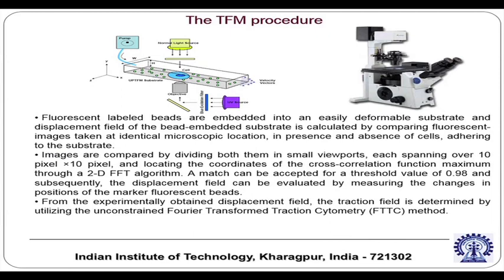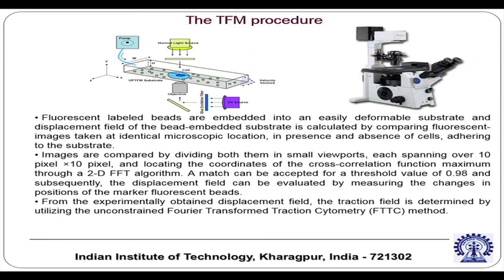So fluorescent beads are embedded into an easily deformable substrate, and it is easier said than done because the substrate has to be significantly deformable for this method to work. Not only that, the displacement field of the bead-embedded substrate is calculated by comparing the fluorescent images taken at identical microscopic locations in presence and in absence of cells adhering to the substrate.